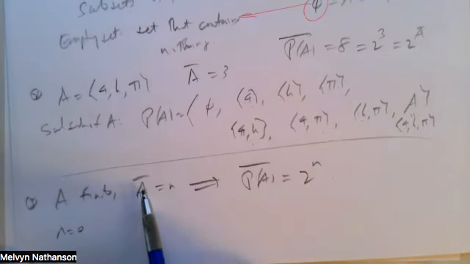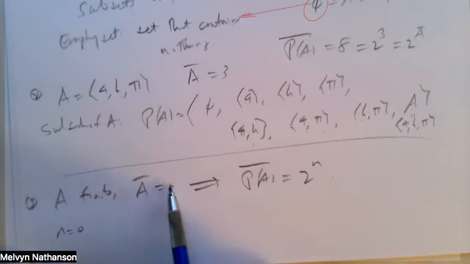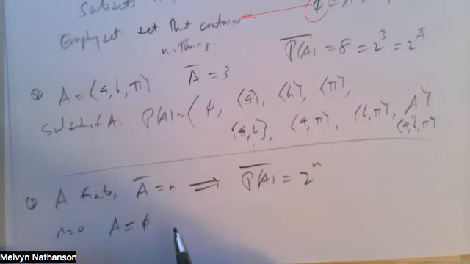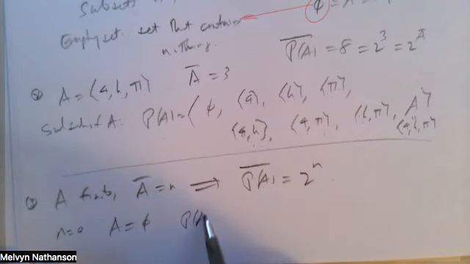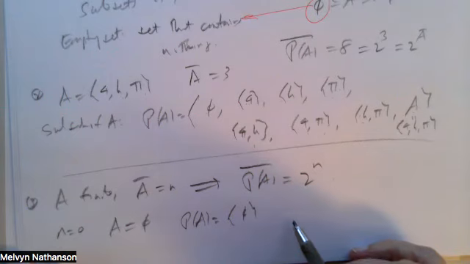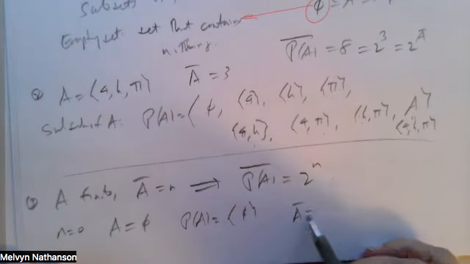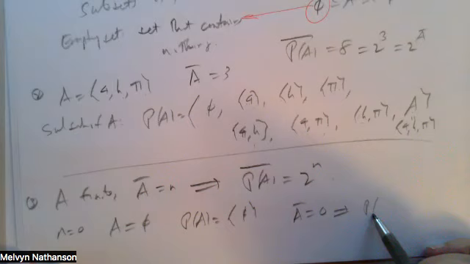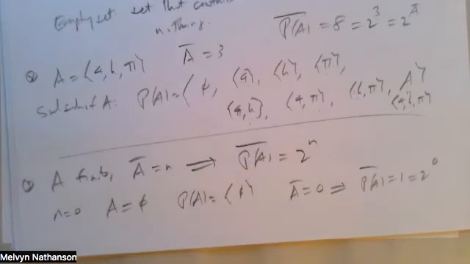What does it mean to say the number of elements of the set A is 0? It means A is the empty set. And so what is the power set of A? Well, the empty set has only one subset, the empty set. So if n is 0, the power set of A has 1 element, which you'll notice is 2 to the 0. So this formula works when n is 0.